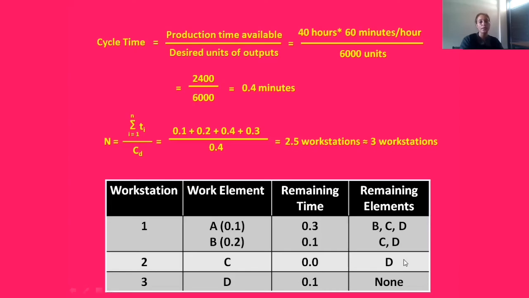Now we are left with only the last task, D. We allocate that to the next workstation. To complete D we require 0.3 minutes, so the remaining time for workstation 3 would be 0.1. That way we can allocate these tasks to the workstations.